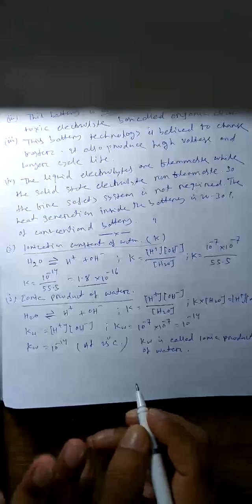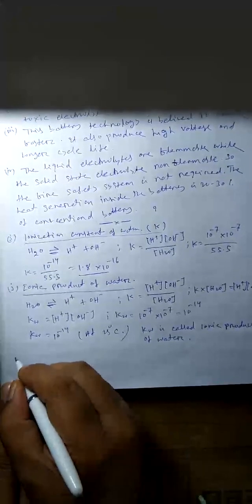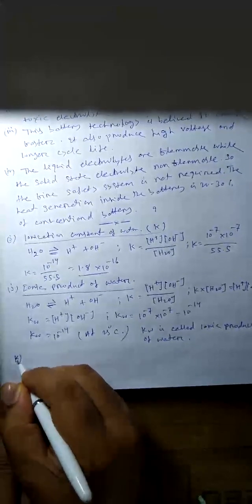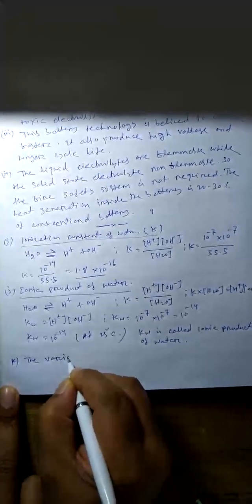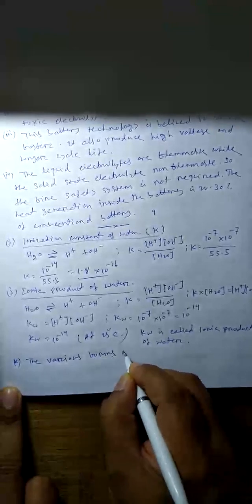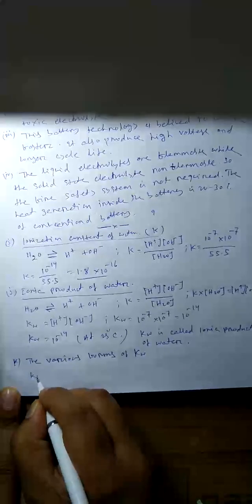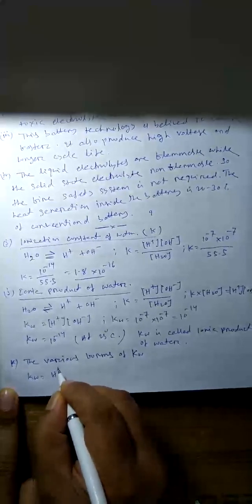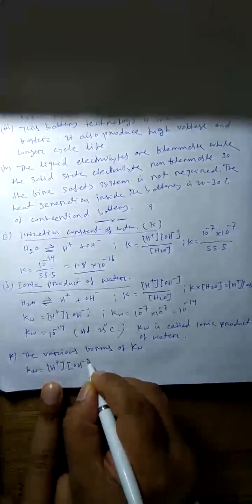The various forms of Kw. One form is Kw equal to H plus concentration times OH minus concentration.